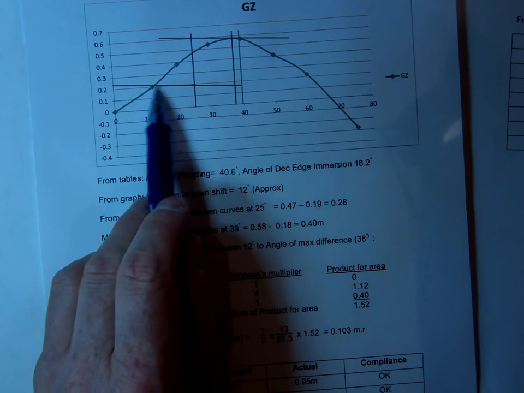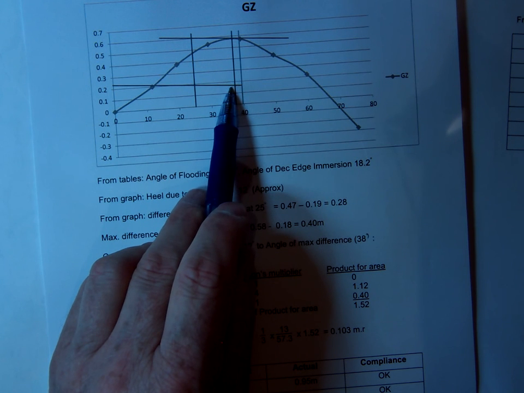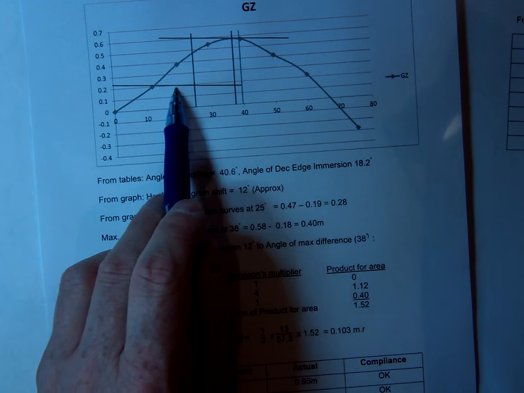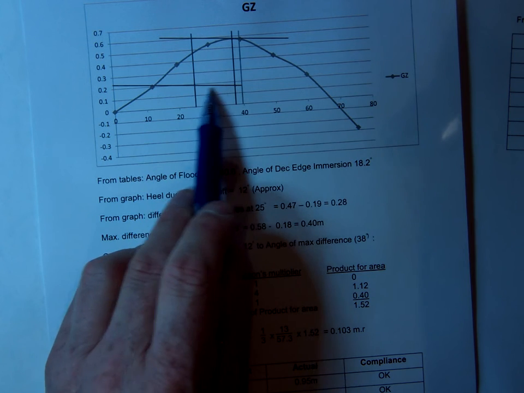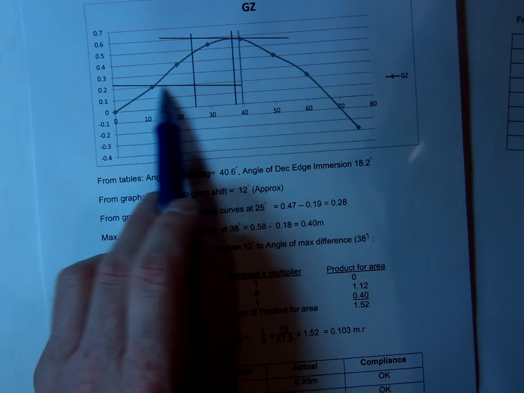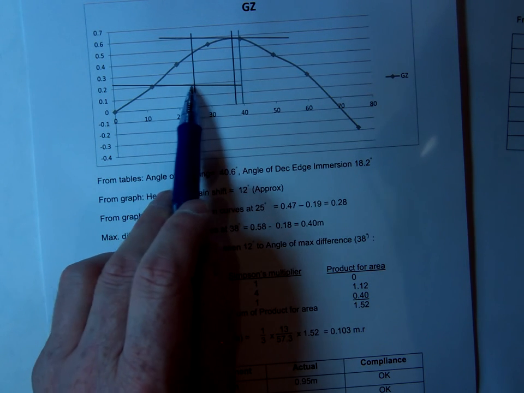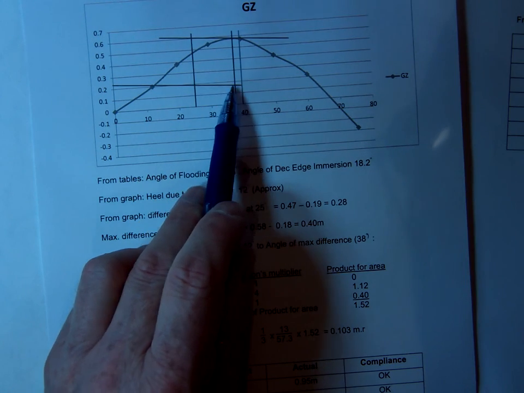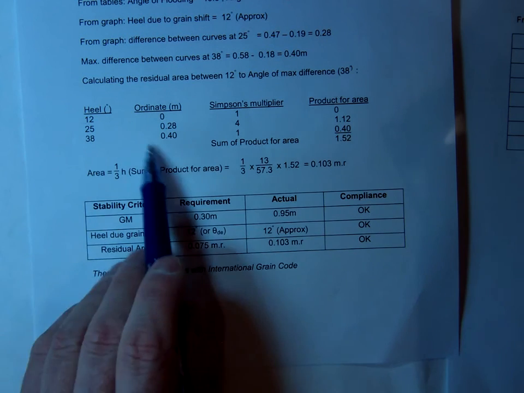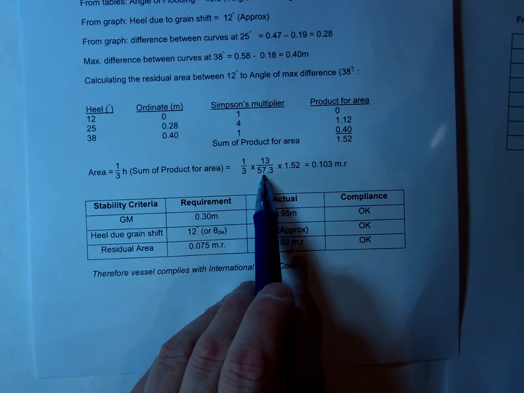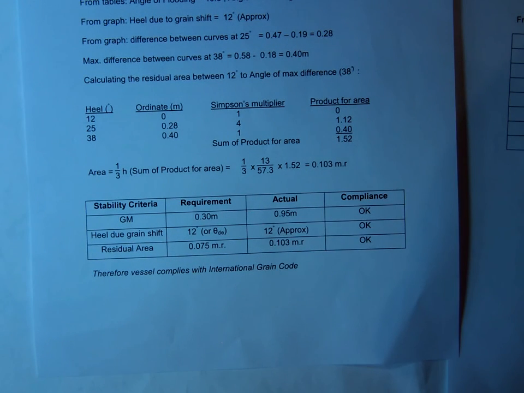So 12 to 38 is 26, half of that is 13, so each of these two halves is 13 degrees, the common interval. 12 plus 13 is 25, 25 plus 13 is 38 degrees. That's where we get those values from. And you must always divide by 57.3 when using Simpson's rule when we're dealing with degrees. So it's a fairly long-winded problem, but that's how we would solve it.